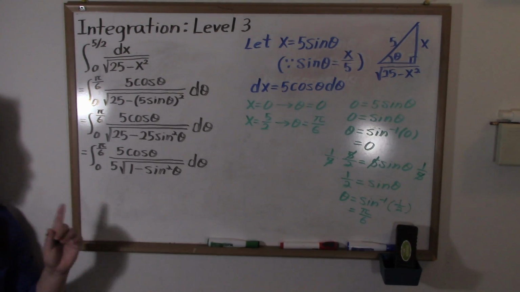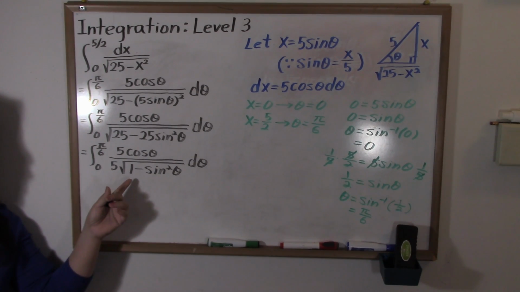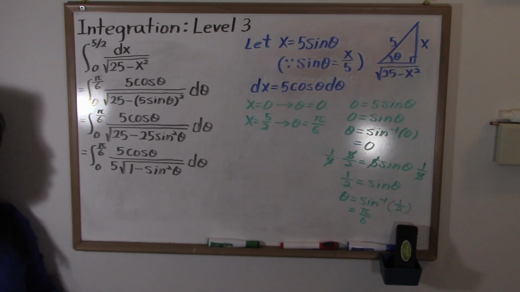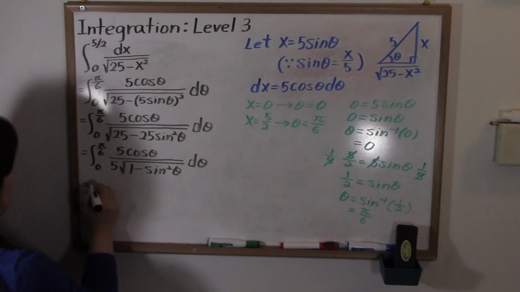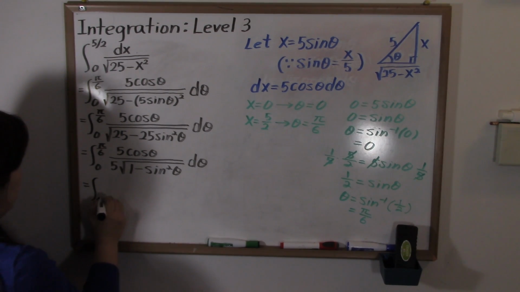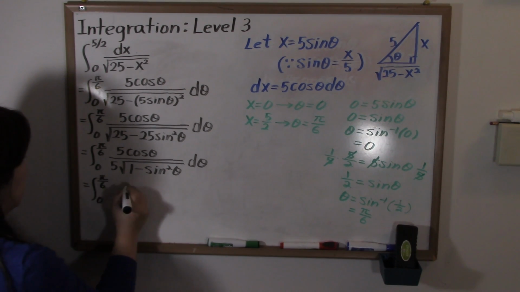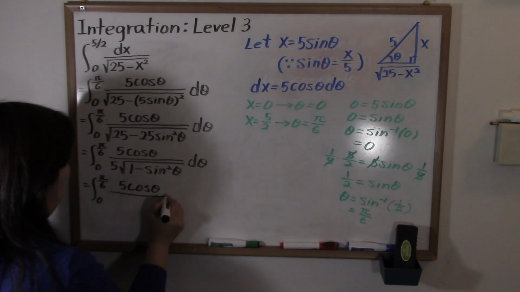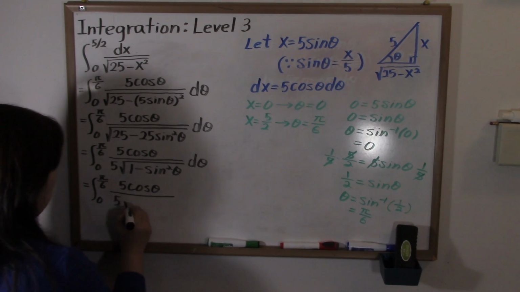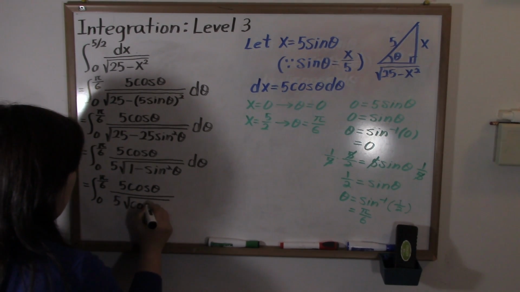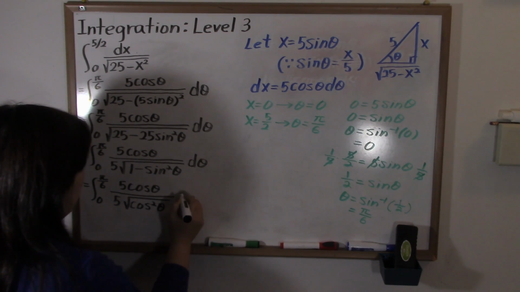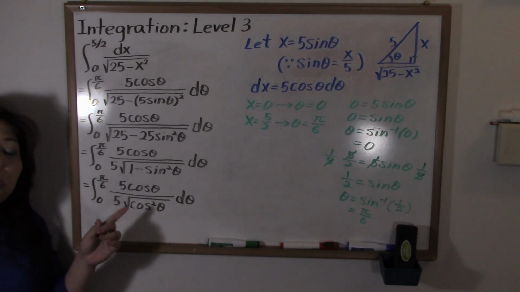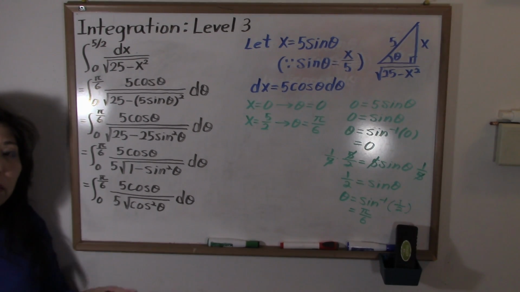And next step, we are going to change 1 minus sine squared theta to cosine squared theta, okay? So it is equal to the integral from 0 to pi over 6 of 5 cosine theta over 5 times the square root of cosine squared theta d theta. Because sine squared theta plus cosine squared theta is equal to 1, right?